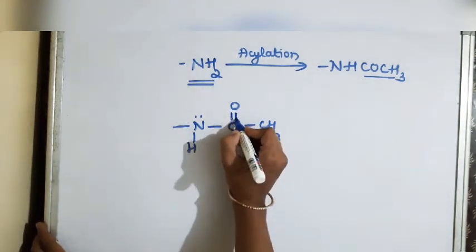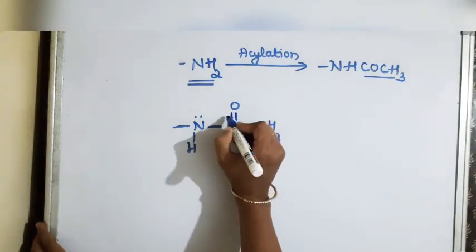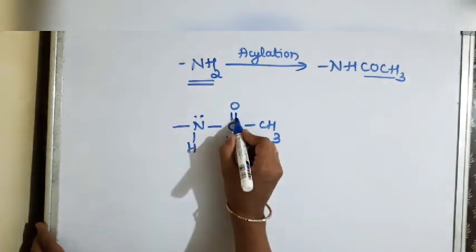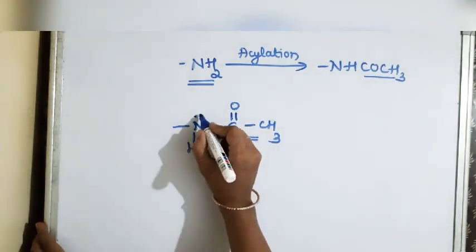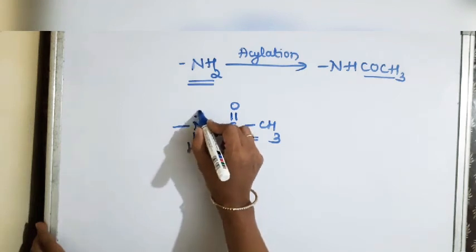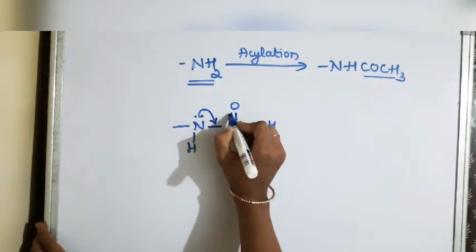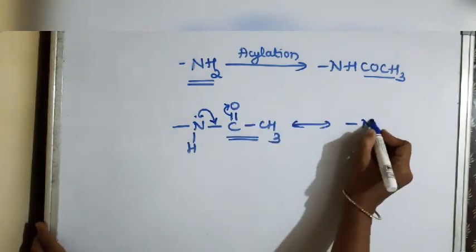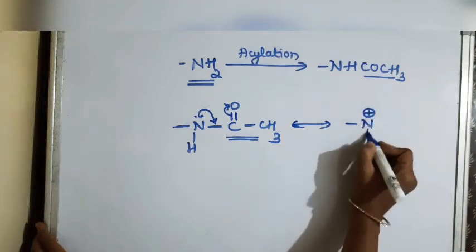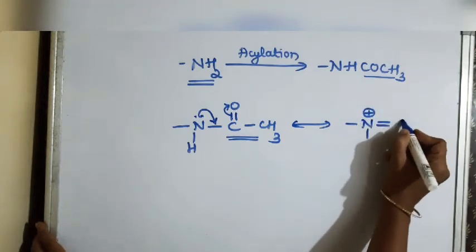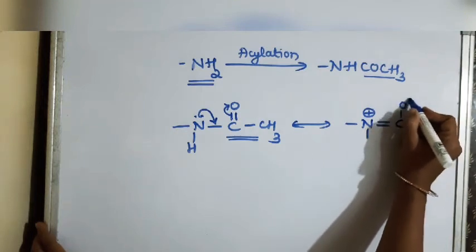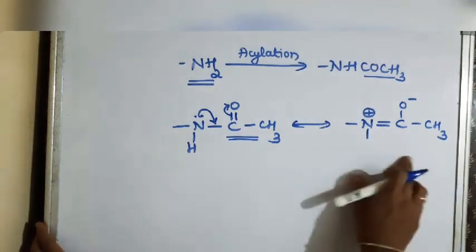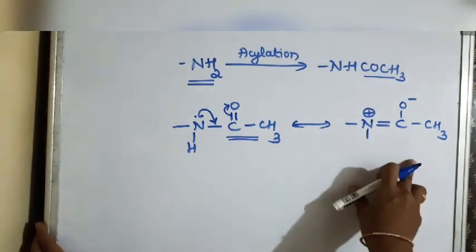Because of the presence of this carbonyl carbon, there is an interaction between the lone pair of electrons present on nitrogen and this carbonyl carbon. So there exists one more resonance where the lone pair of electrons is involved. Here nitrogen loses electrons, so it gets a positive charge. There is a double bond between nitrogen and carbon. Carbon is singly bonded with the oxygen with the negative charge, and CH3. So like this, there exists another resonance structure of this manner.